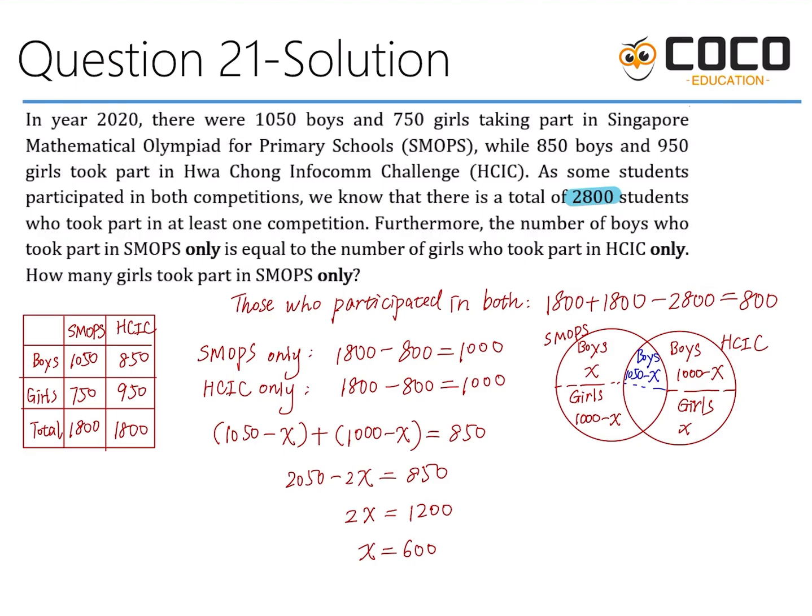How many girls took part in SMOPS only? So look at our diagram. The girls who did SMOPS only is 1000 minus x. So 1000 minus 600. The answer is 400.